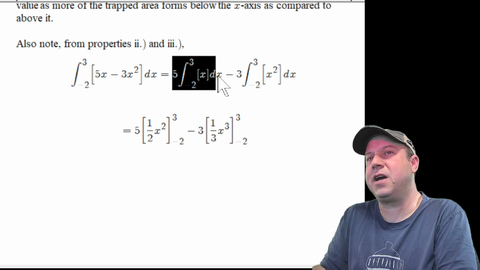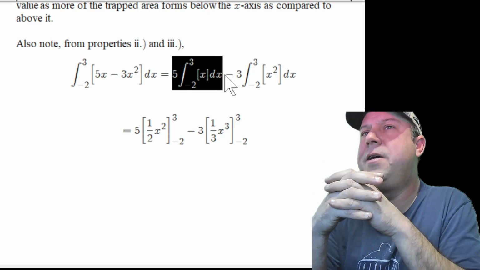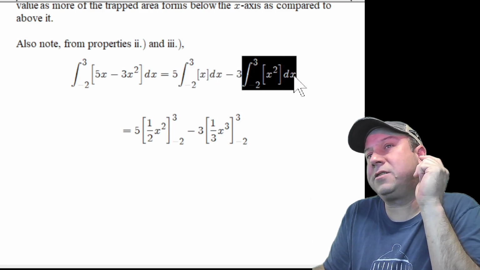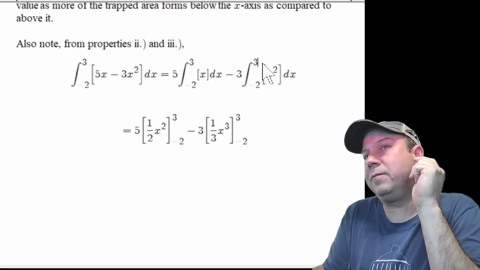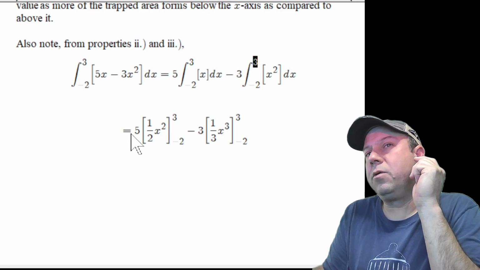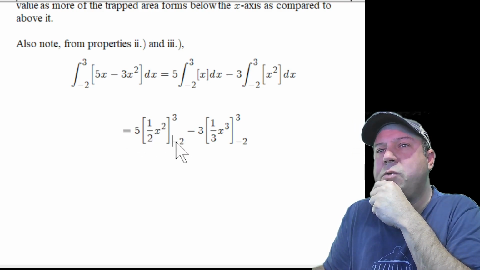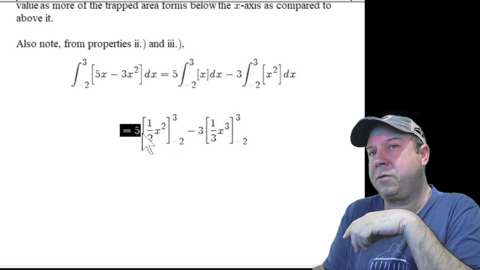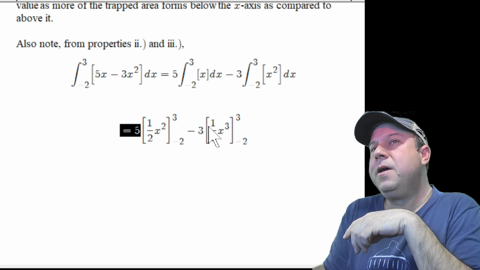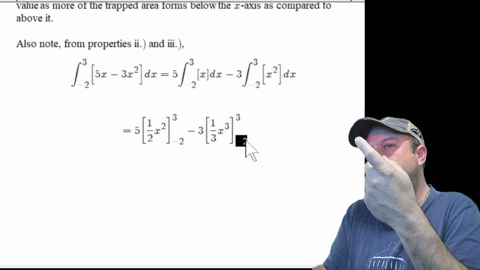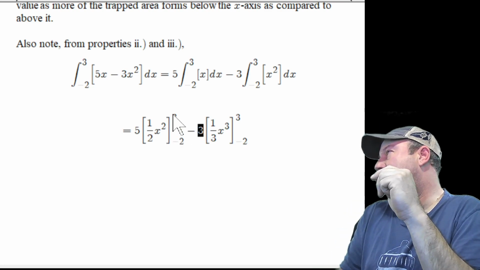You'll have 5 times the integral of x from -2 to 3 minus 3 times the integral of x squared from -2 to 3. Where x's antiderivative becomes 1/2 x squared, evaluated from -2 to 3 and times 5. And x squared's antiderivative, 1/3 x cubed, evaluated from -2 to 3 times that constant multiple of -3 out in front.